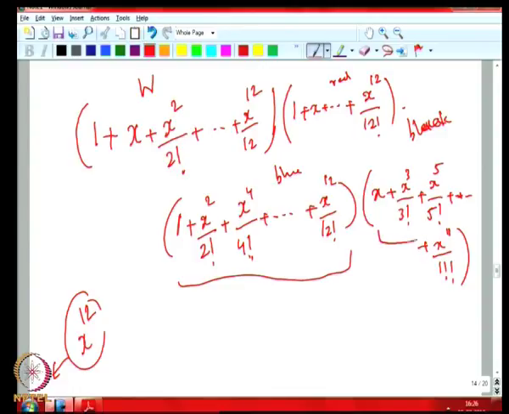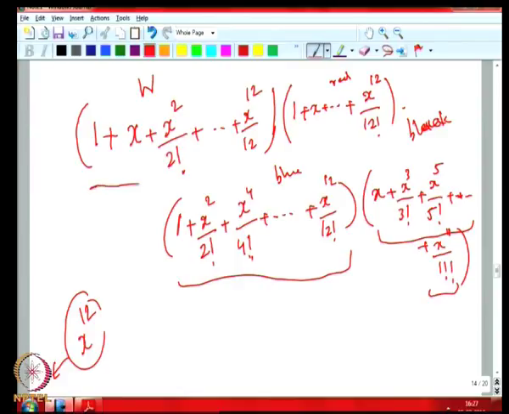Similarly, whenever something is coming from here, x raised to some odd number divided by odd factorial. For the other two first terms, any number is okay.